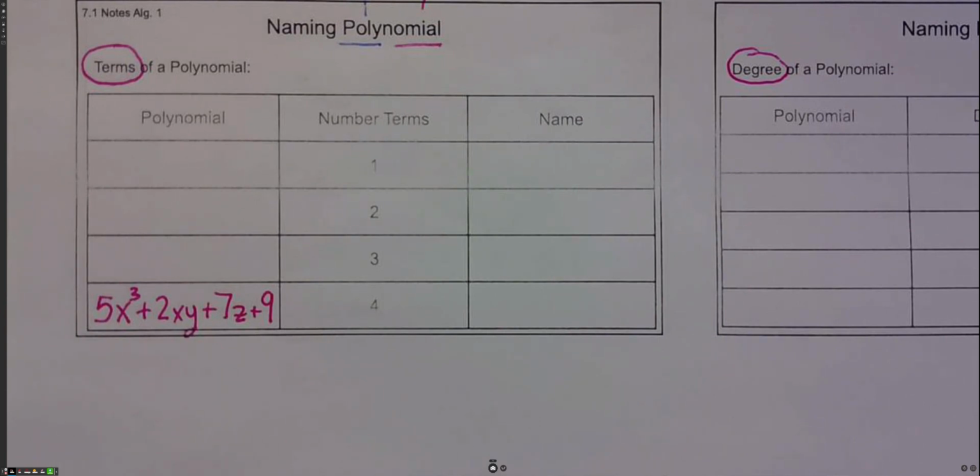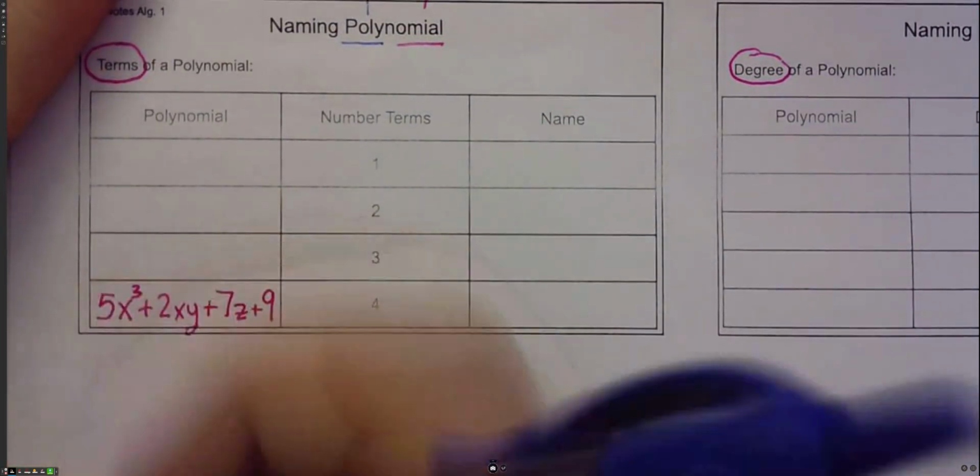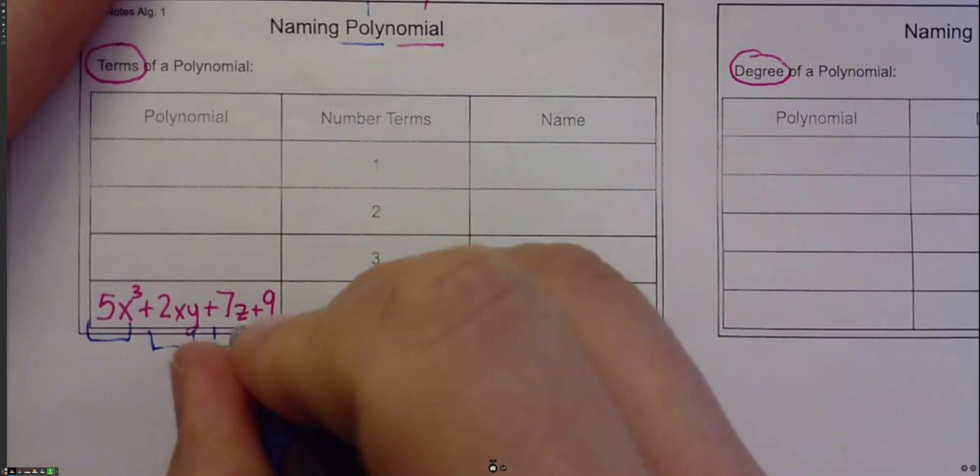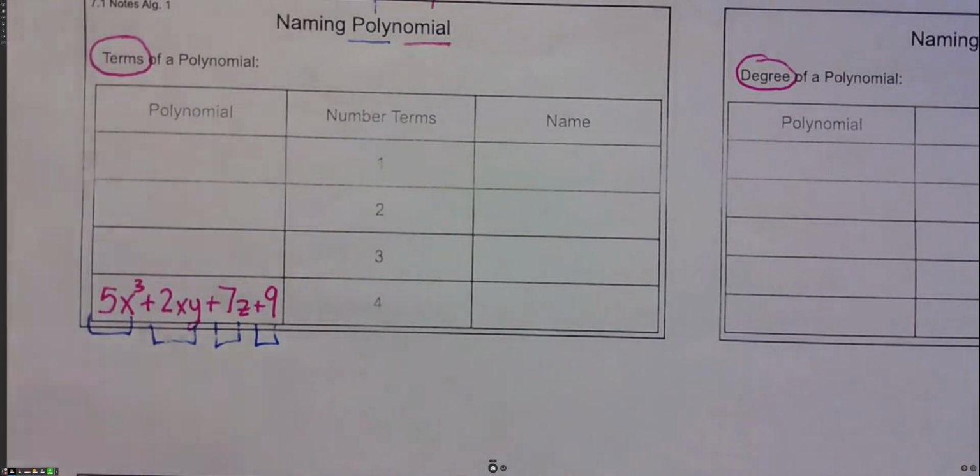Kind of four variables, kind of. By the addition, there are four parts broken up by addition. 1, 2, 3, 4. So a term is each of those addition blocks.